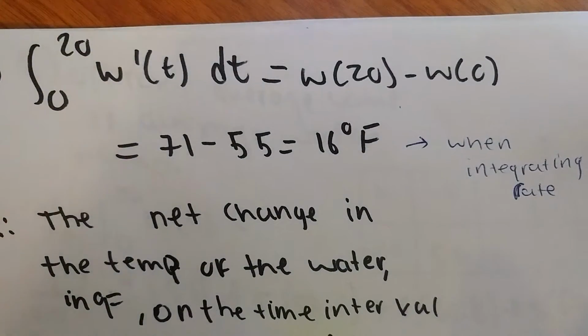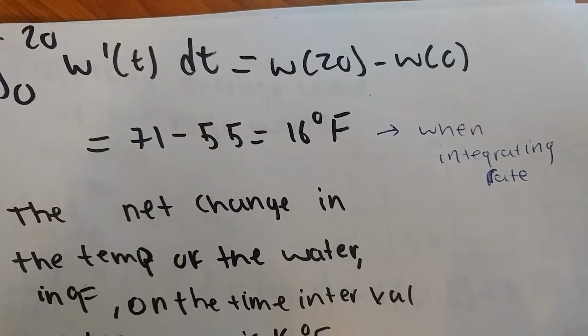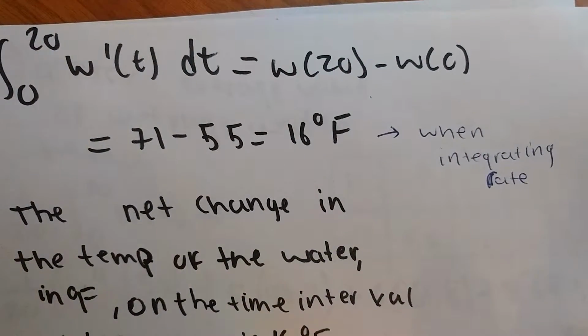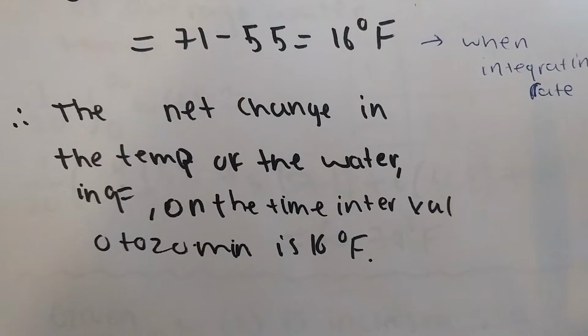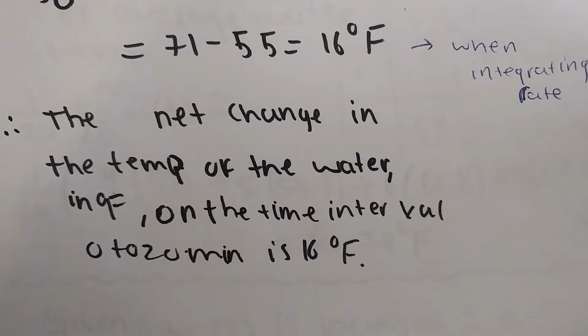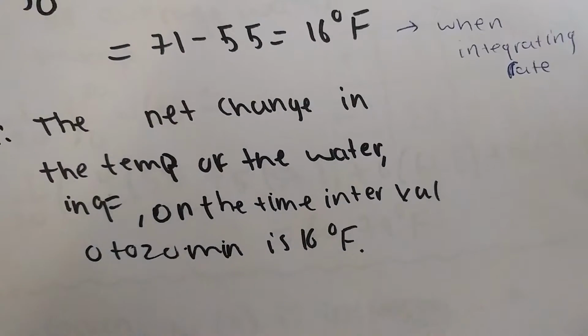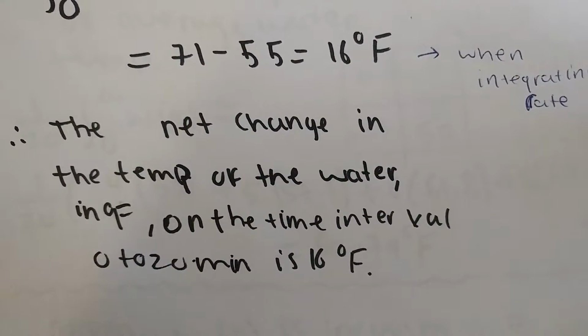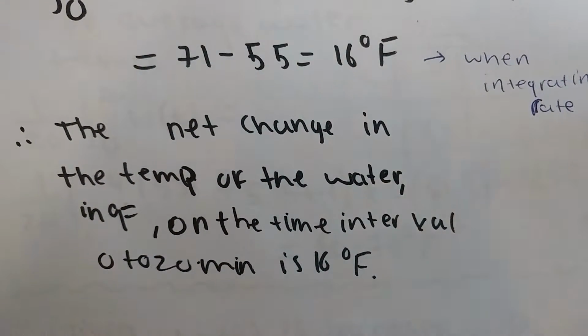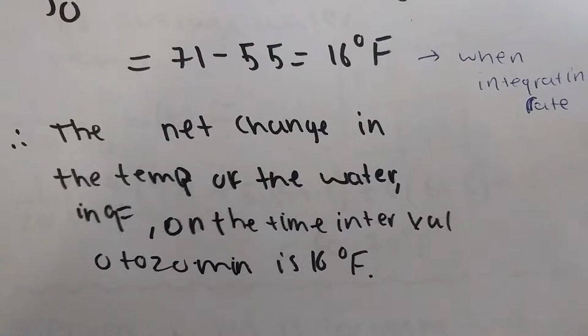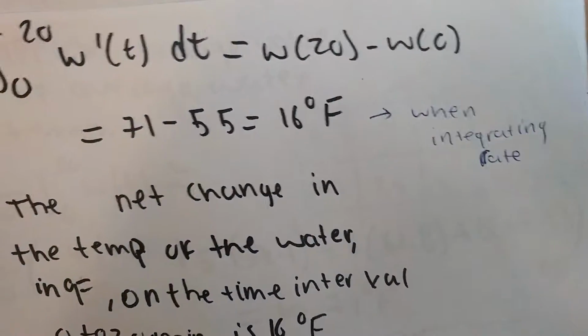So you plug in 71 minus 55, you get 16 degrees Fahrenheit. When we are integrating a rate, the net change in the temperature of the water in degrees Fahrenheit on the time interval 0 to 20 is 16 degrees Fahrenheit. So this statement is going to be true, and that's all that's asked from us in part B.